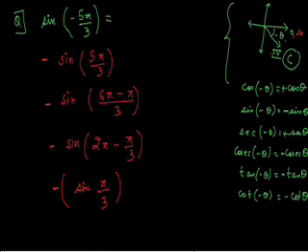So we are in the fourth quadrant. In the fourth quadrant, sine is negative. So we need to put a minus sign over here. So this minus and minus will give plus, and the answer would be sine of pi by 3. Pi by 3 is basically 60 degrees. The sine of 60 degrees is root 3 by 2. So the answer is plus root 3 by 2.